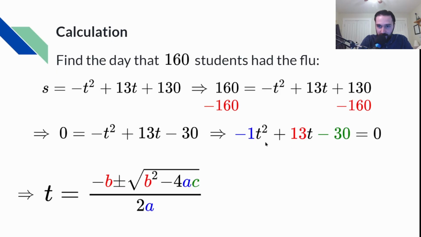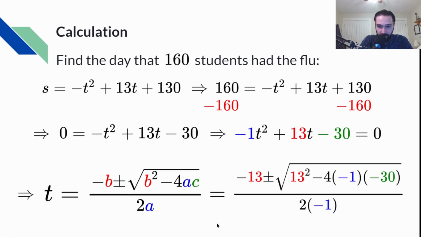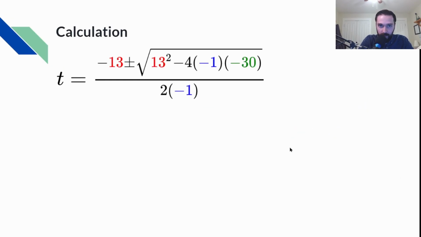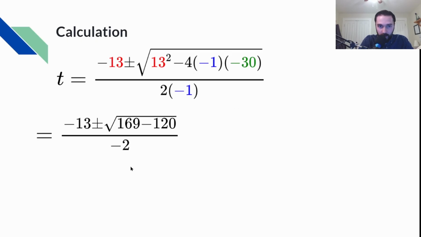So now that we have a quadratic equation in standard form, we can use the quadratic formula to solve for t. We plug in our values for A, B, and C, and this is what we get. Let's take this result to the top of the screen. t equals this, which equals this. And look what happens under the radical.